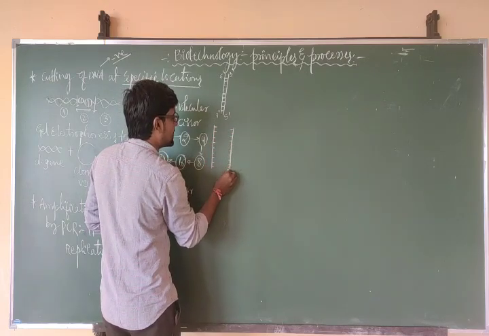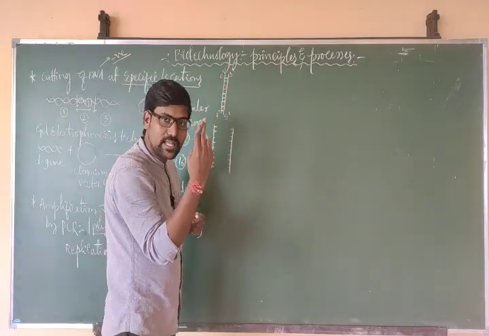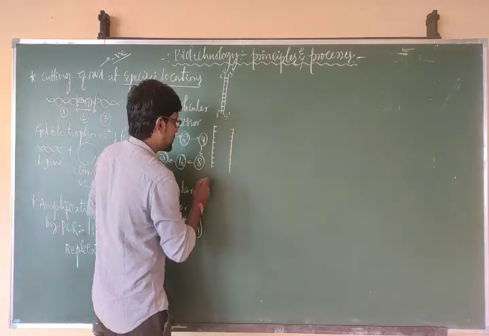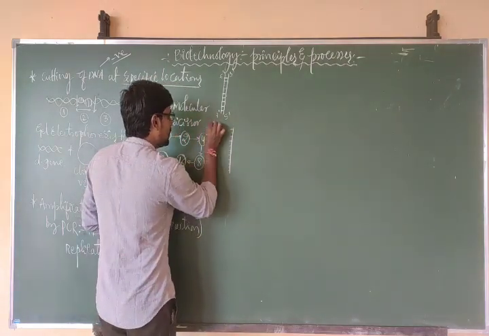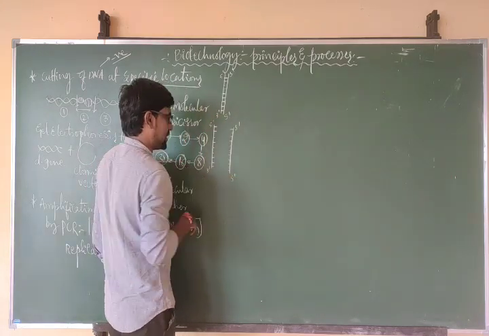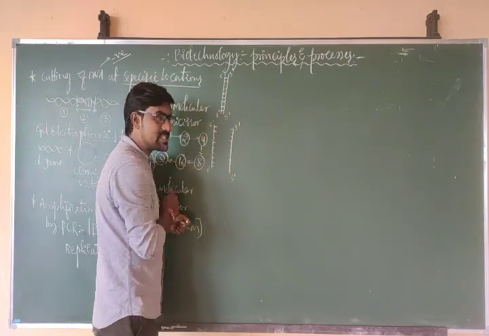At the center the DNA strand is cut, and both the strands are separated. So what is the side? 3 dash to 5 dash and 3 dash to 5 dash, right? Now both the DNA strands are separated. Both are single strands.